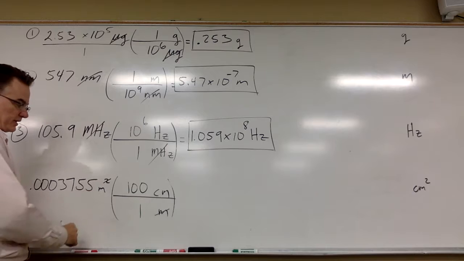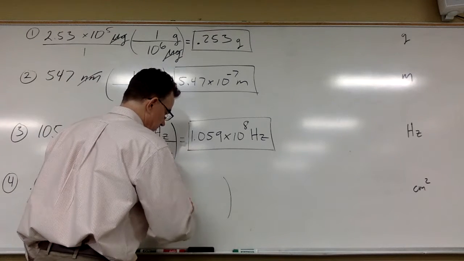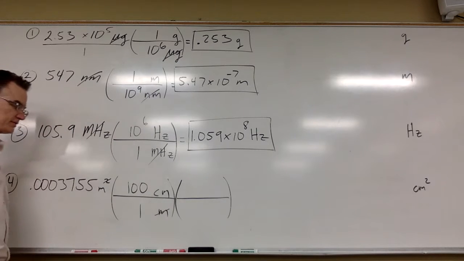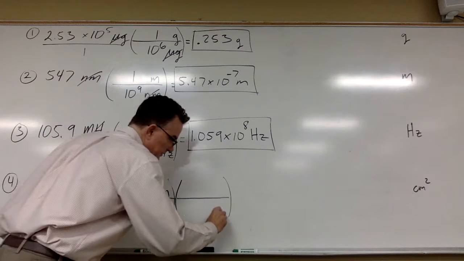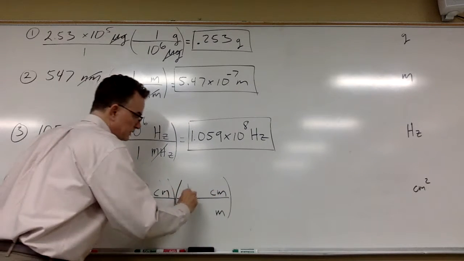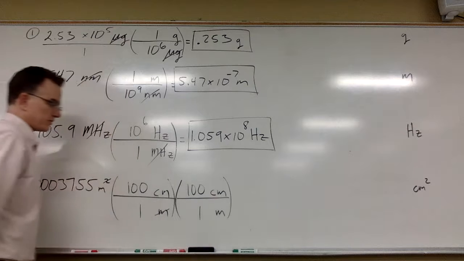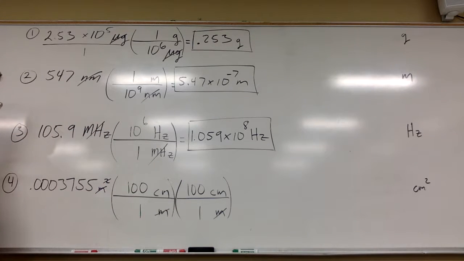It's just 1 meter there because I got rid of the other one. And so one way, the most fundamental way to write this, is to say I just need to do it again to get rid of the other meter. Same conversion. So it's just 100 centimeters in a meter. And now I've gotten rid of the other one.